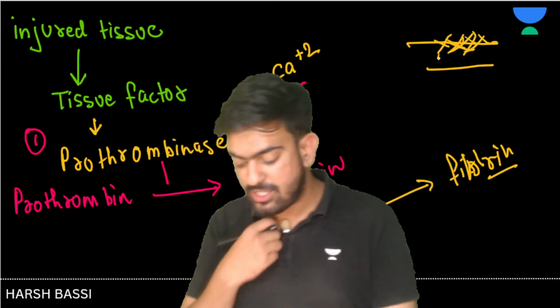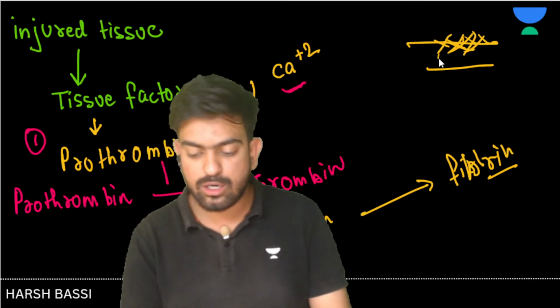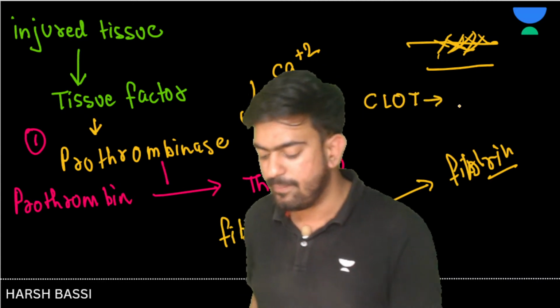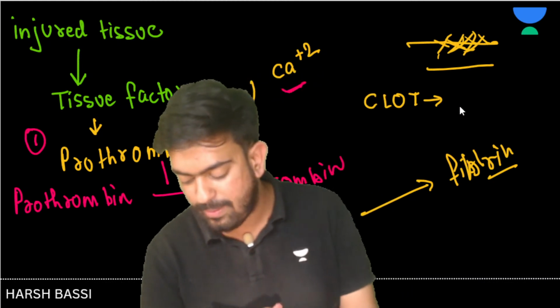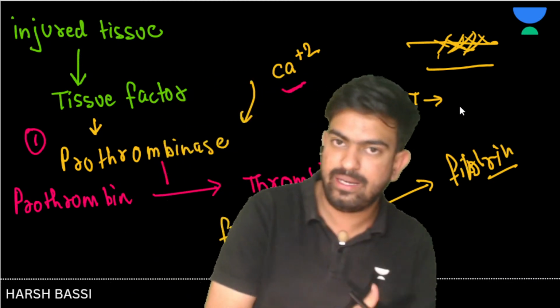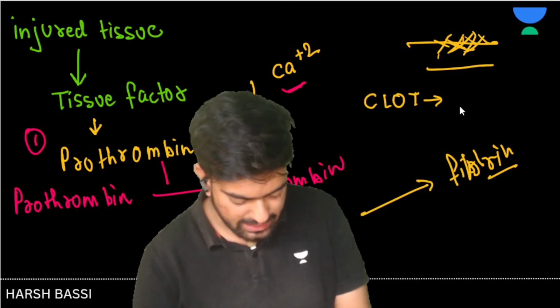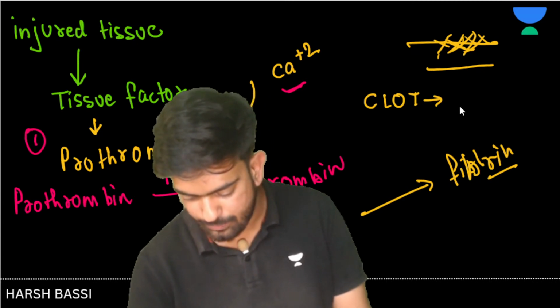Whenever this mesh-like structure is created, a clot is formed. So this clot is basically formed with the help of the fibrin and the platelets. Yes or no? Clear? Chalo, great.